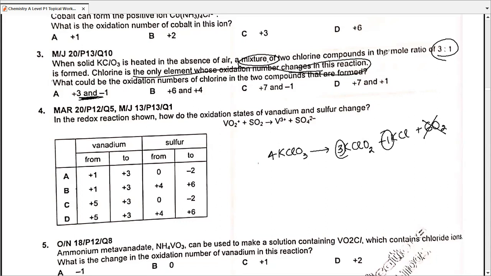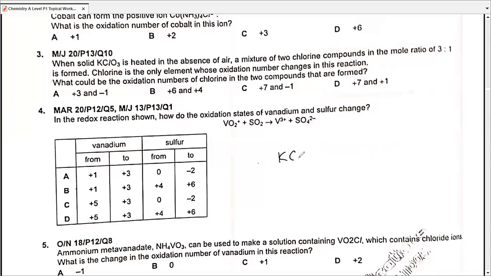Okay. Now, going with another one, KClO3, giving us KCl plus Cl2O7.